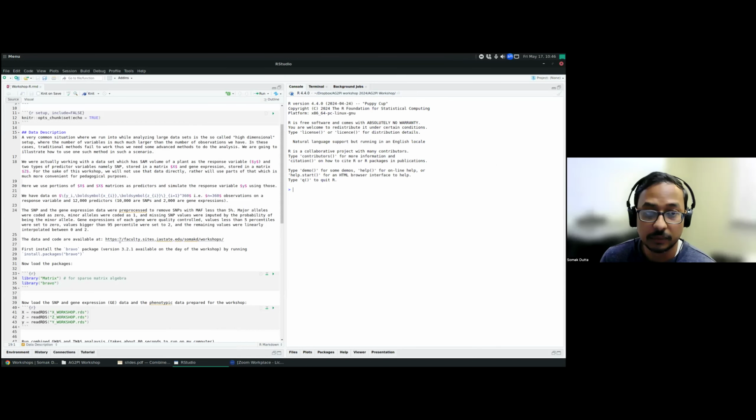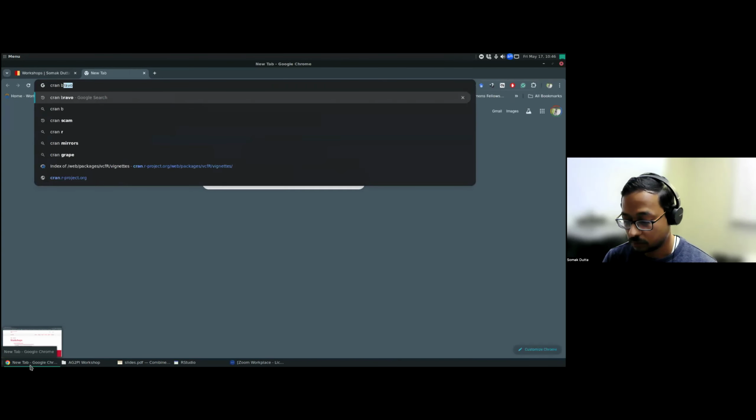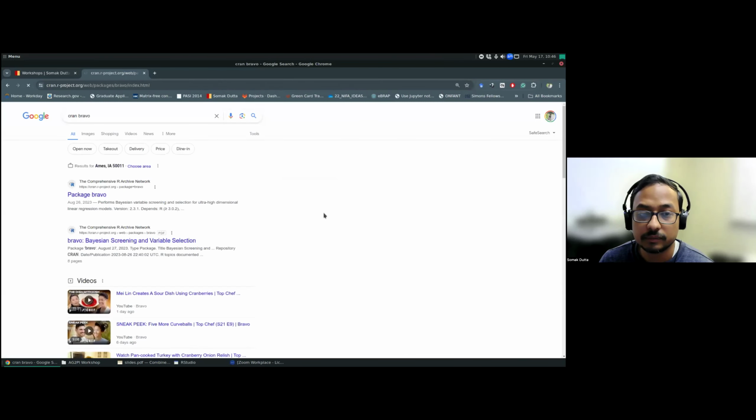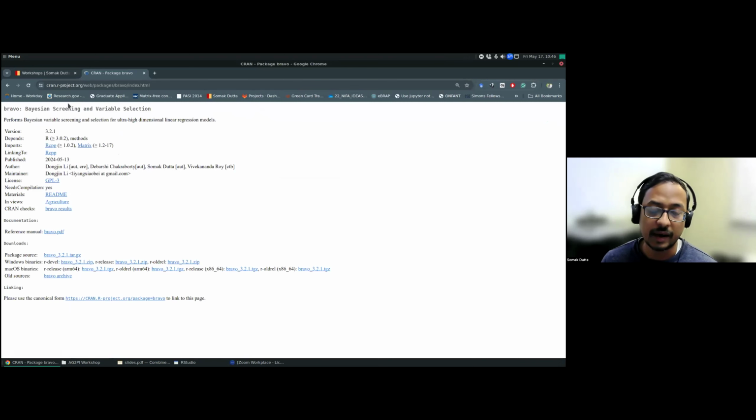All right, so the function SVEN is included in an R package, Bravo. This is available on CRAN, the Comprehensive R Archive Network. The current version is 3.2.1, and the binaries are available for Windows and Mac, so it should be easy to install.